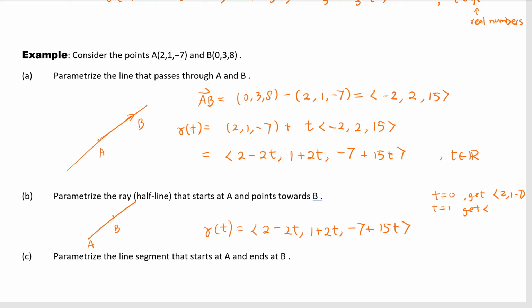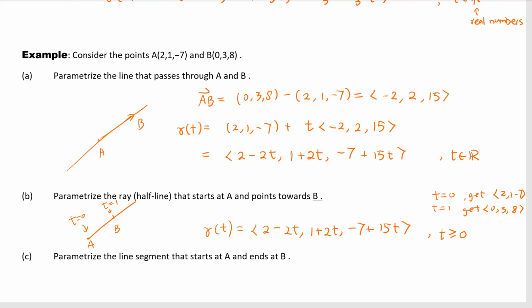When t is 1, you get 2 minus 2 is 0, 1 plus 2 is 3, and the last one is 8. So when t is 0, we arrive at the point A. When t equals 1, we arrive at the point B. So for the ray, we require t to be greater than or equal to 0.